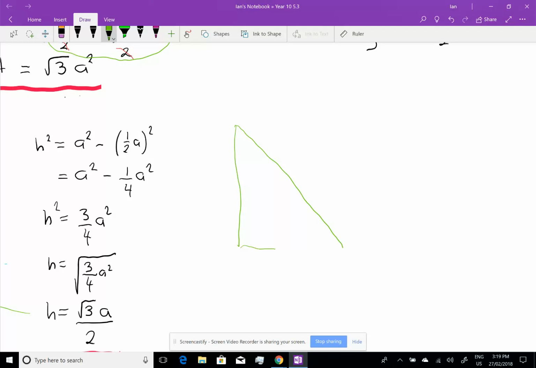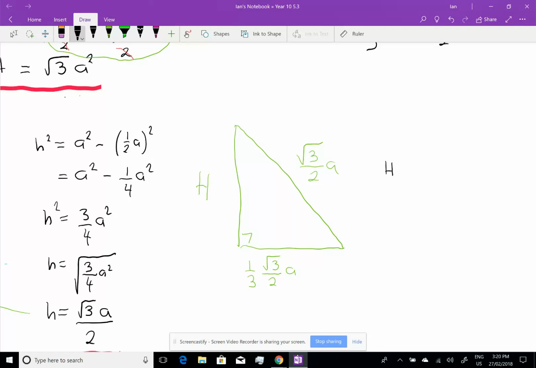There's the slant height of the triangle, and that's my root 3 on 2a. It's a third. Here's my big h that I'm trying to find, and this is root 3 on 2a, the normal slant height. I'm going to go to black because it's easier to see.